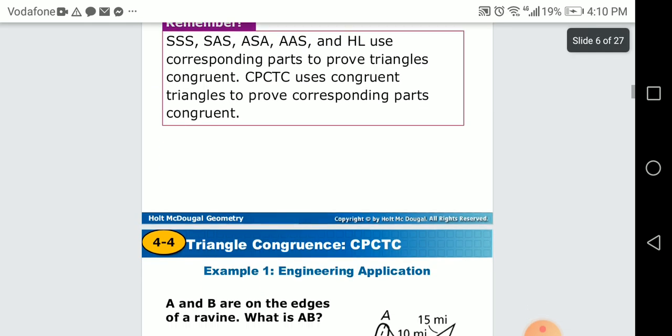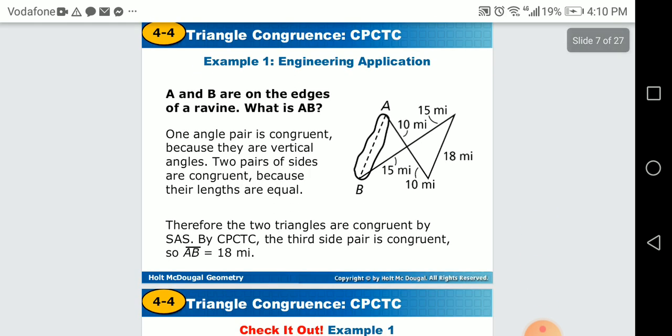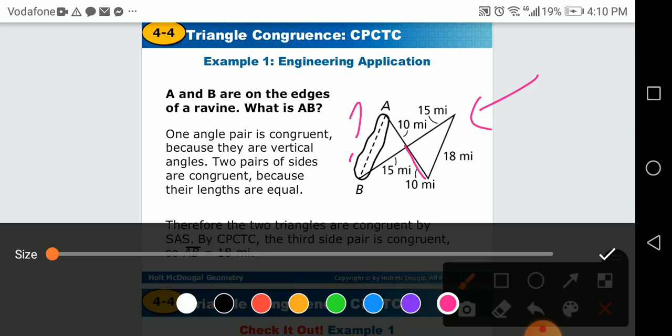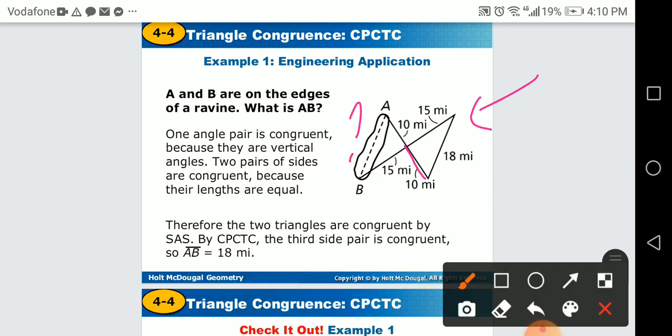Let's see. Can you see this diagram? He asks me, what's AB? He gives me some information in the diagram. Focus, please. If I say this is 10, and in the other triangle, I have this one also 10.